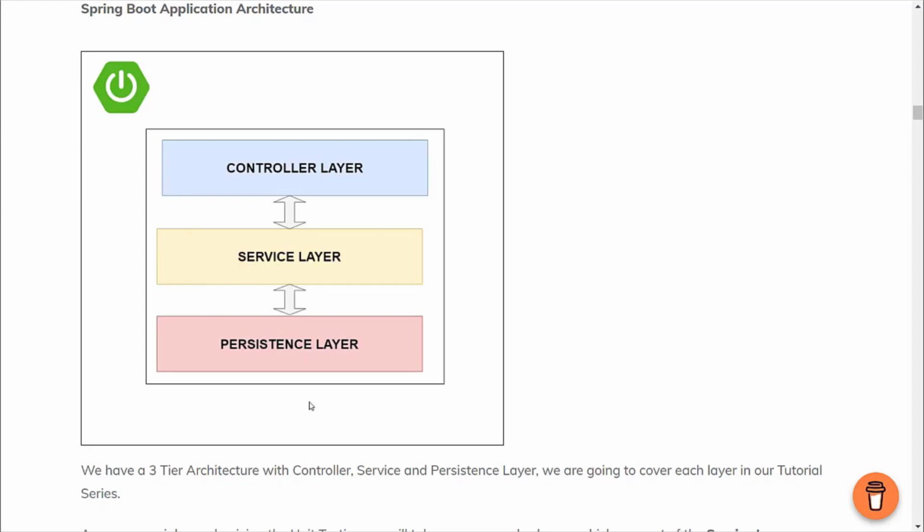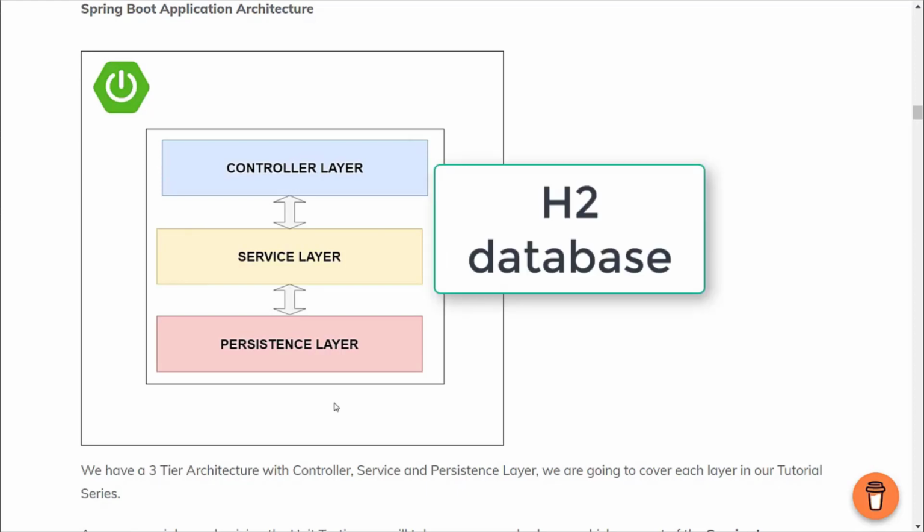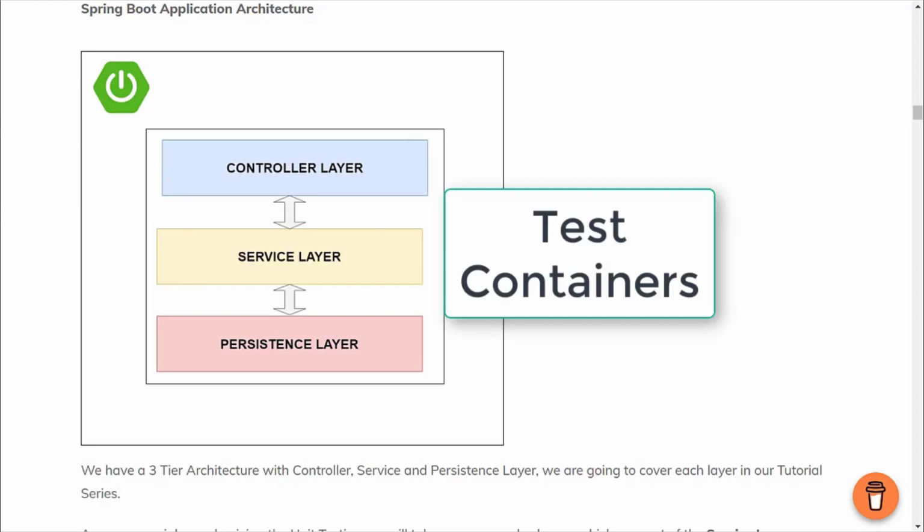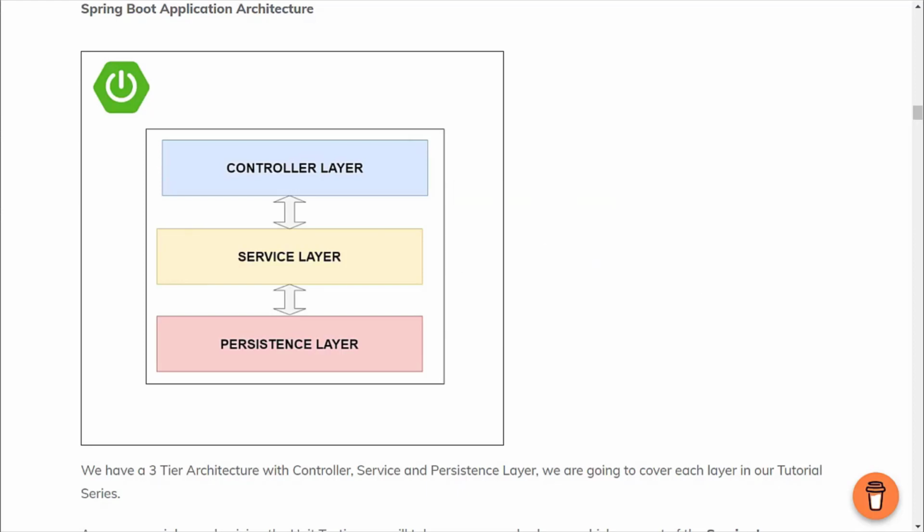So it doesn't make any sense to mock out the interaction with the actual database. So to test the persistence layer, we are going to first use an embedded database called H2, and after that we are going to see what the limitations of using the embedded H2 database are and how we can replace it with Testcontainers. If you don't know what Testcontainers is, don't worry, we will cover this soon in the tutorial.